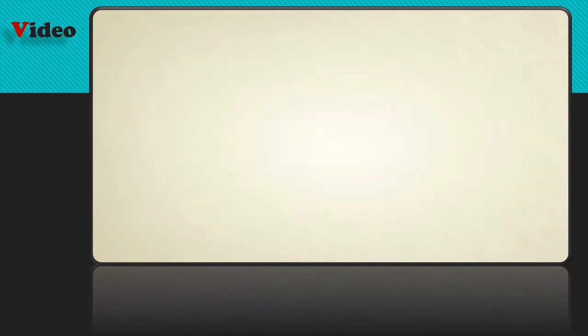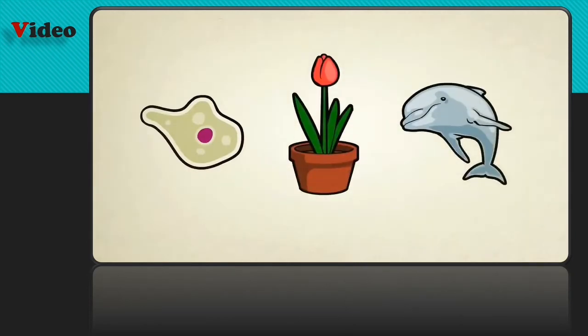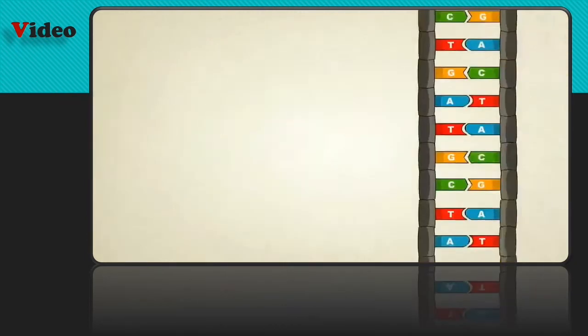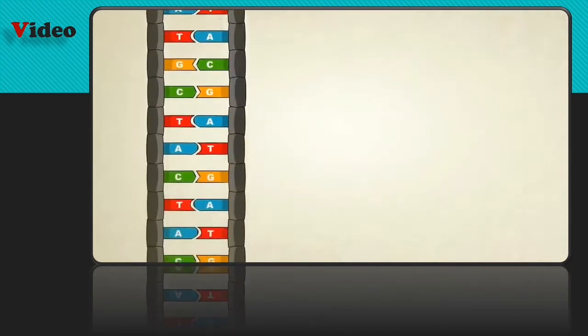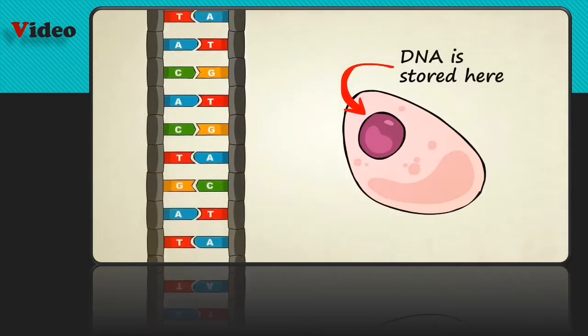All healthy living things, from single-celled amoebas to flowers to dolphins, are capable of reproduction. We have children, we make copies of ourselves. We do this by duplicating our DNA and passing that DNA on to future generations. DNA is a chain-like chemical stored inside each one of your cells, which tells them how to grow and function.